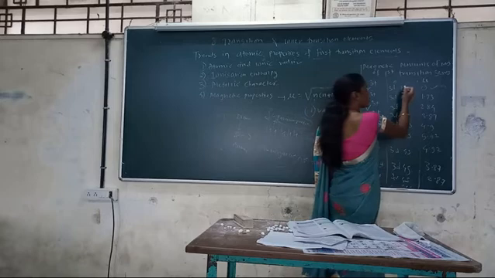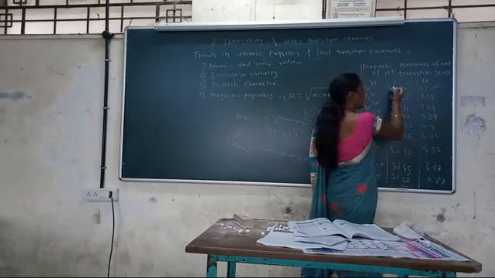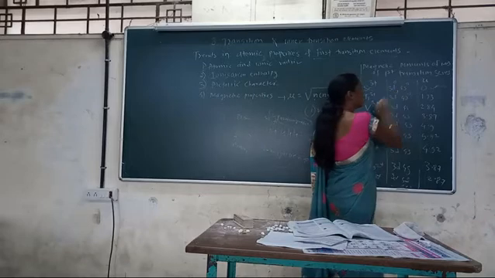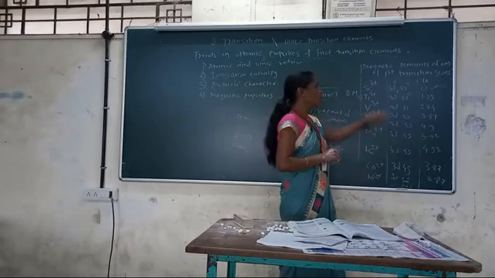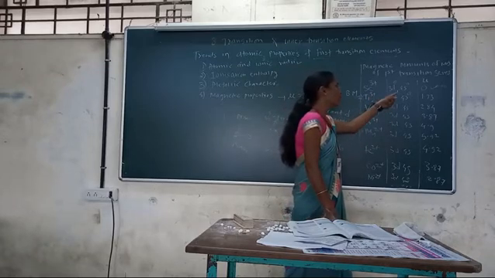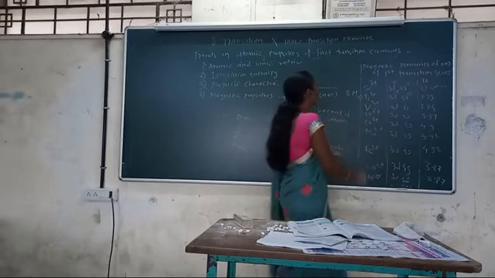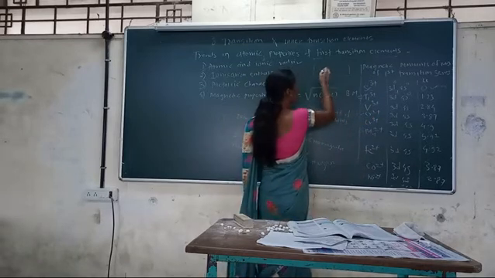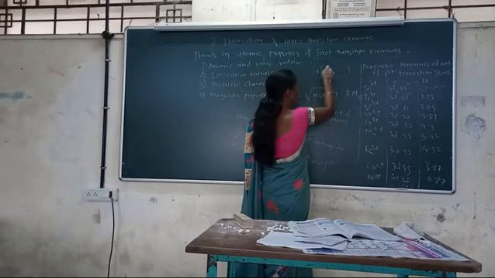Two electrons are lost from 4s, giving 4s0, and from 3d2, 1 electron is lost, remaining 1. So titanium 3 plus has configuration 3d1, which means in the d orbital there is 1 electron.